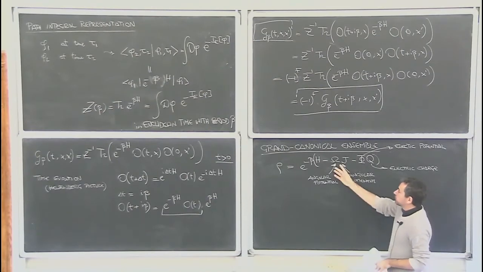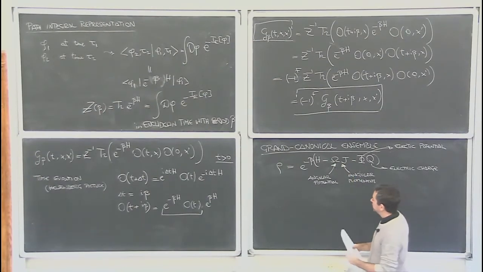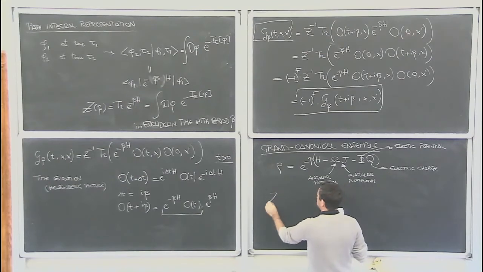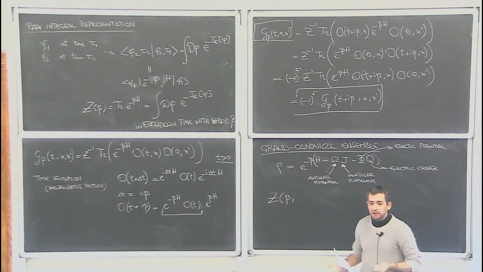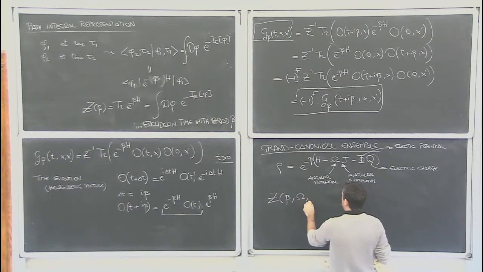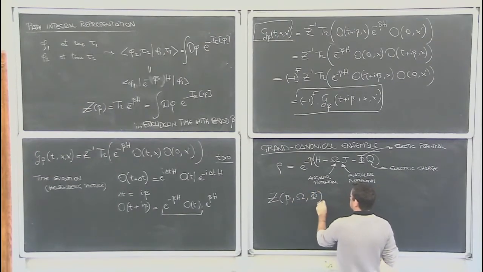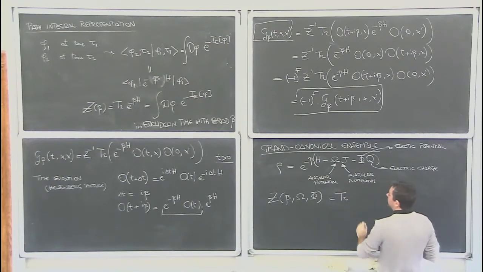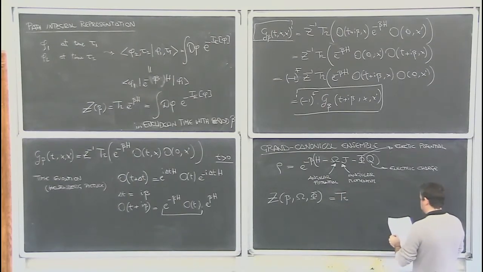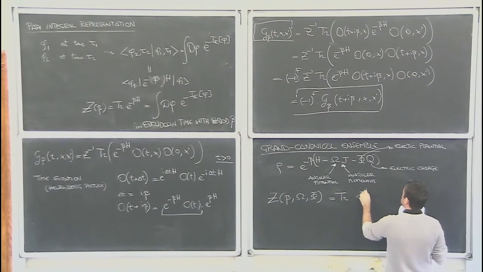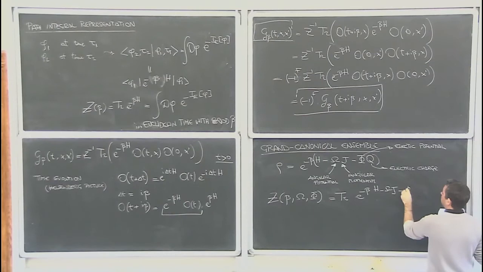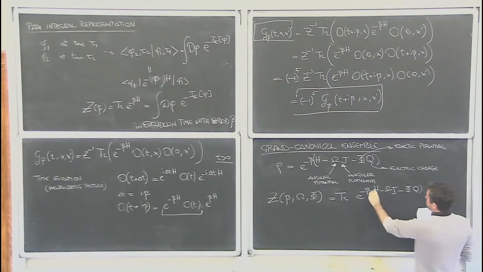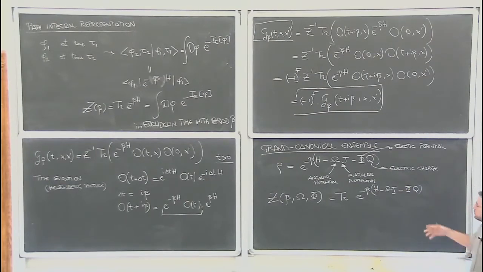But also this refines your partition function, because the partition function that I'm going to define now is the grand canonical one, and it does not depend on beta only. So it's a richer function. It depends on all the potentials. It's the trace over the Hilbert space of the theory of e to the minus beta H minus omega J minus Phi Q. It's always the trace of the density matrix. But the density matrix now contains these extra things.